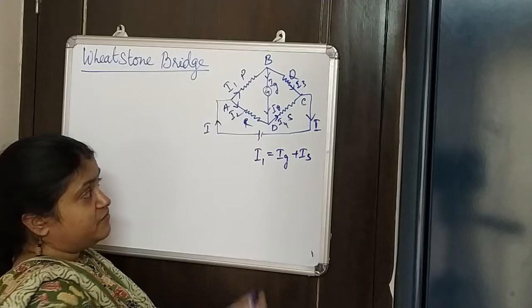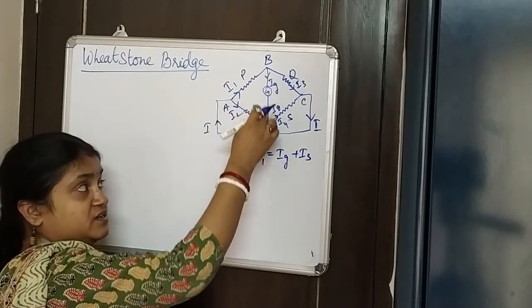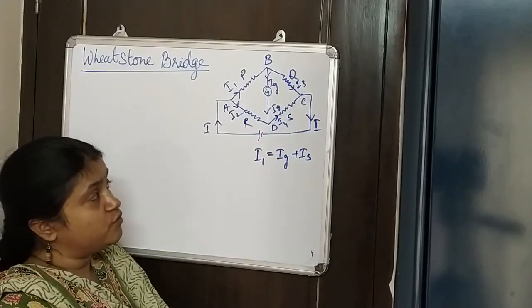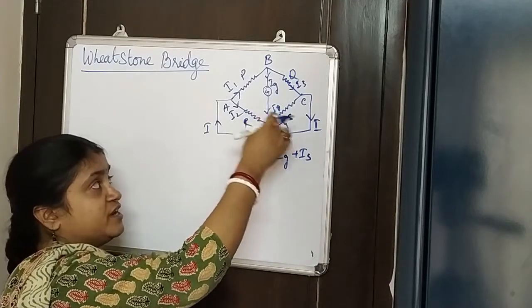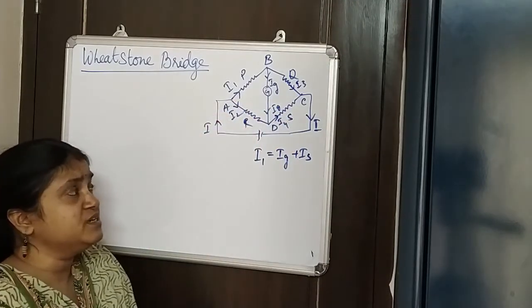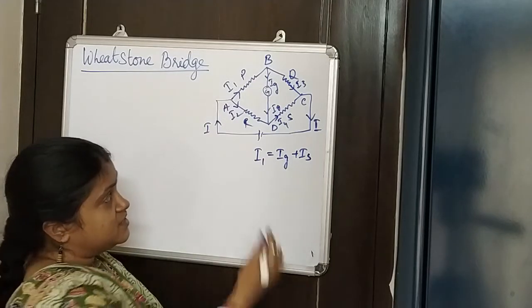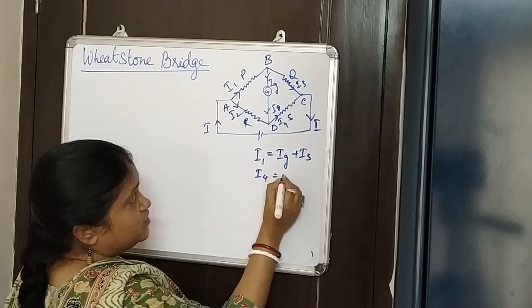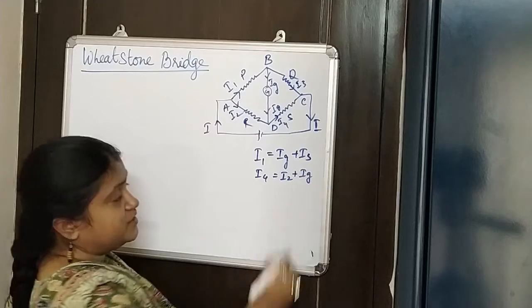The second way we can see is that I2 is joined by Ig, and then it flows as I4. So Ig and I2 together give me I4, or you can write I4 is equal to I2 plus Ig, right?